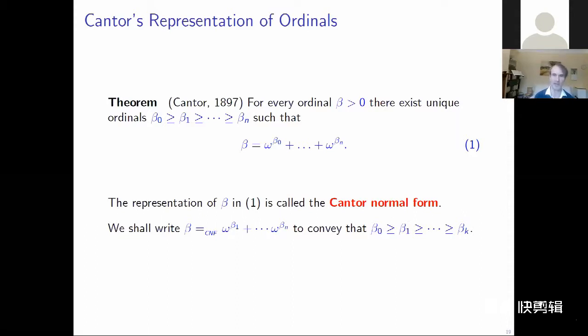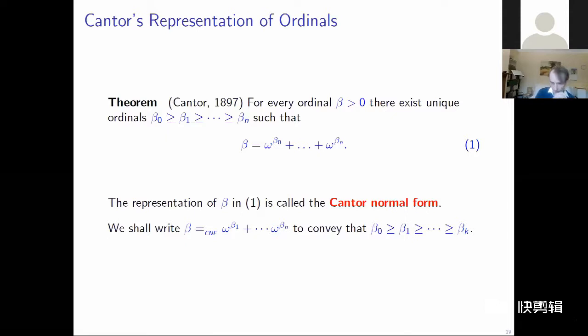So every ordinal greater than 0 can be written as a sum of exponential terms where the base is omega. So alpha is of the form omega to the beta 0 plus ... plus omega to the beta n, where the exponents, the beta i, are weakly descending.